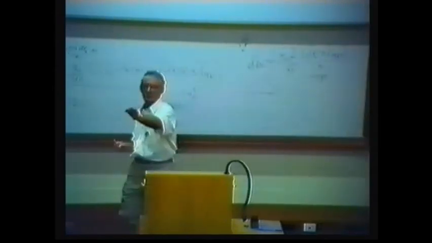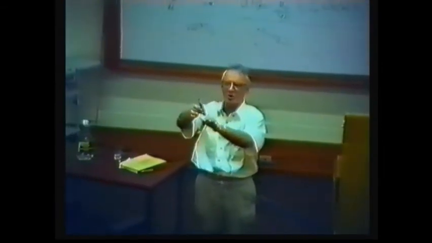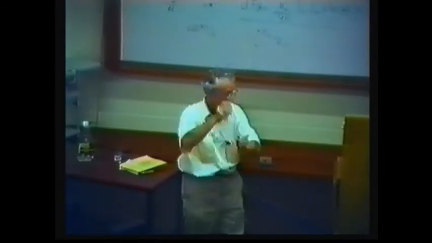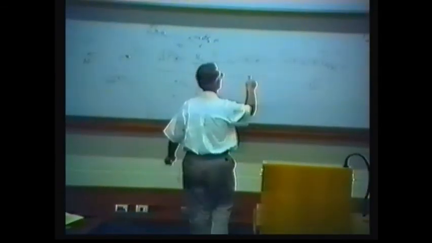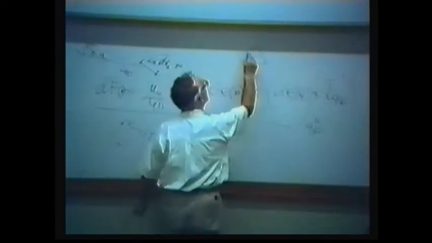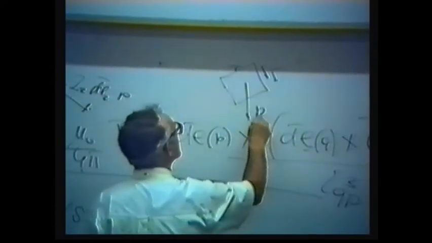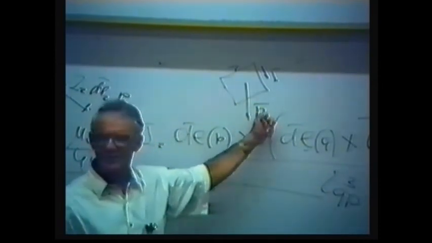If I ask you, there is molecular current and there is magnetic field, what would be the orientation? Please imagine the following situation. You have a current, molecular current I, and you have magnetic field B, the magnetic field of the Earth.